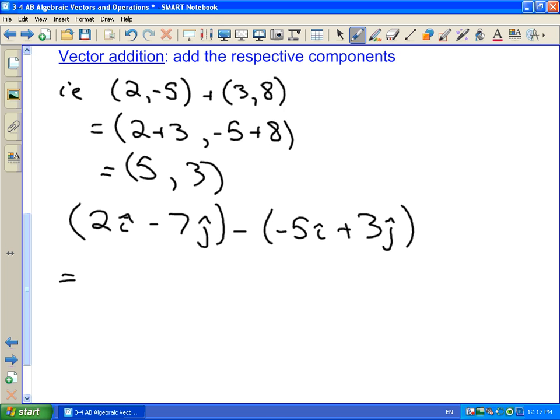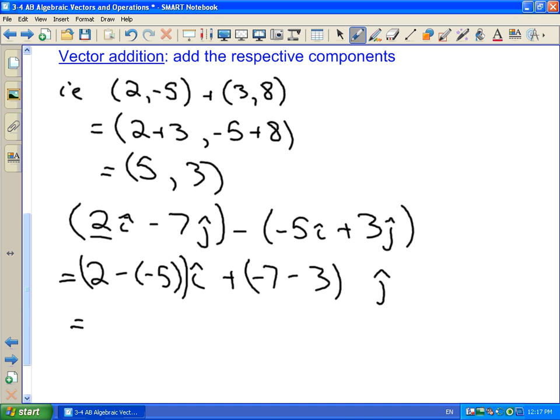Again, we just match up our coordinates here. So our new i hat component is going to be 2 minus negative 5. To this, we're going to add our new j hat component, which is going to be negative 7 minus 3. We'll put these operations that we want to do in brackets here.